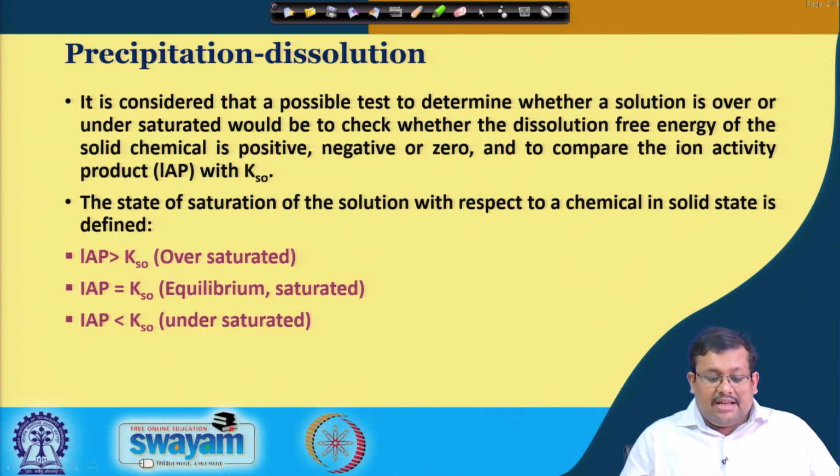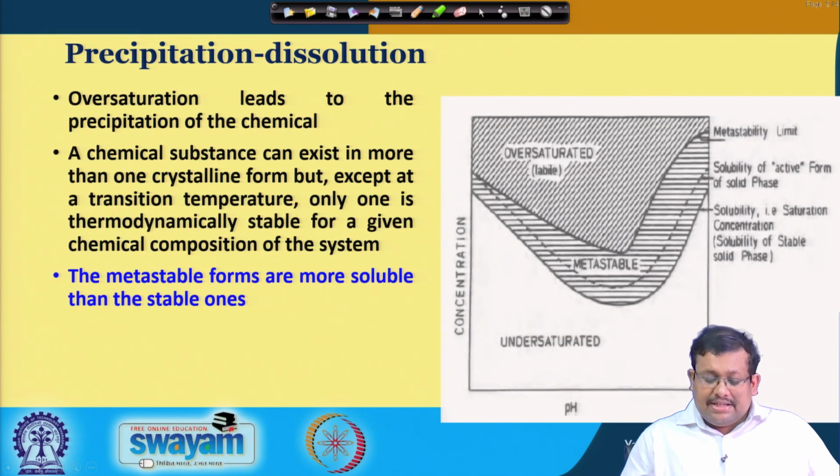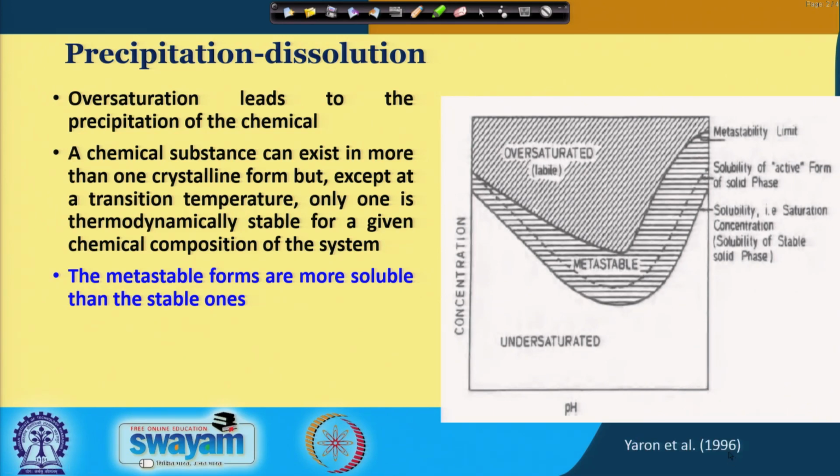We have seen how the ion activity product is linked with the solubility product to infer whether the solution is oversaturated, saturated or undersaturated, and in these three conditions how precipitation and dissolution will occur. Then we have seen the relationship between pH and concentration. I have shown you the zones of undersaturation, zones of oversaturation, as well as the metastability limits and metastable zones.